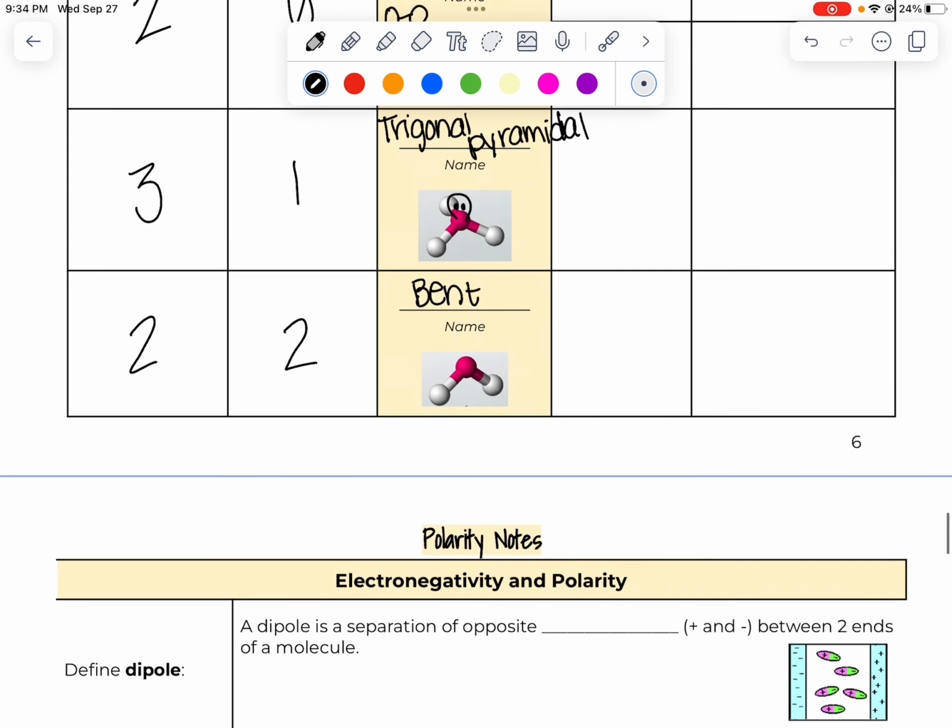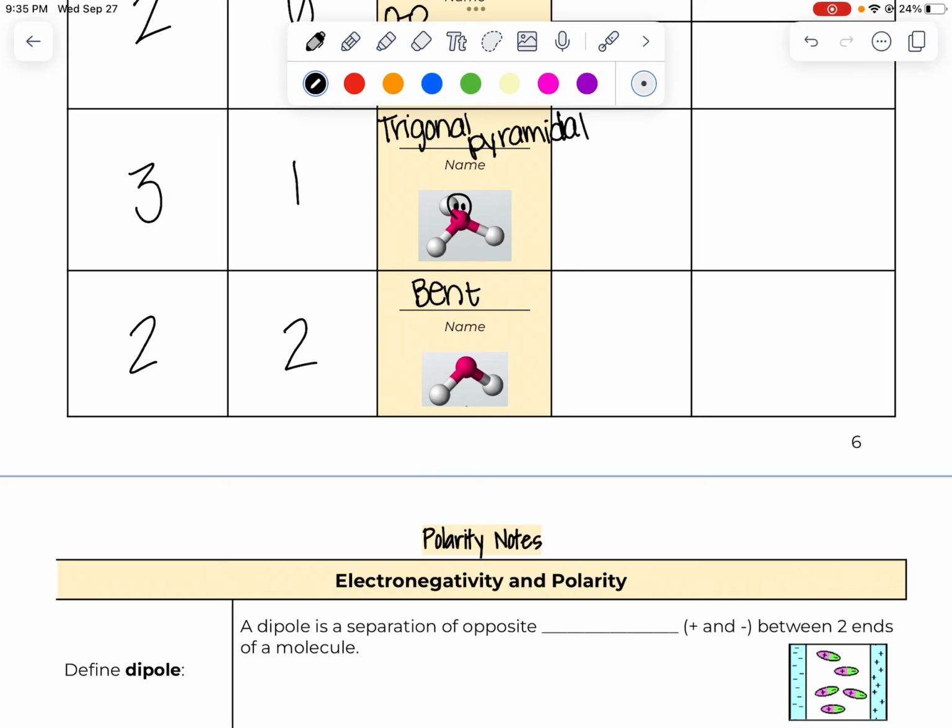You learned in your 3.7 homework using the Gizmo about this idea of something called polarity. Polarity arises from molecular geometries. So molecular geometries determine the polarity of a molecule.